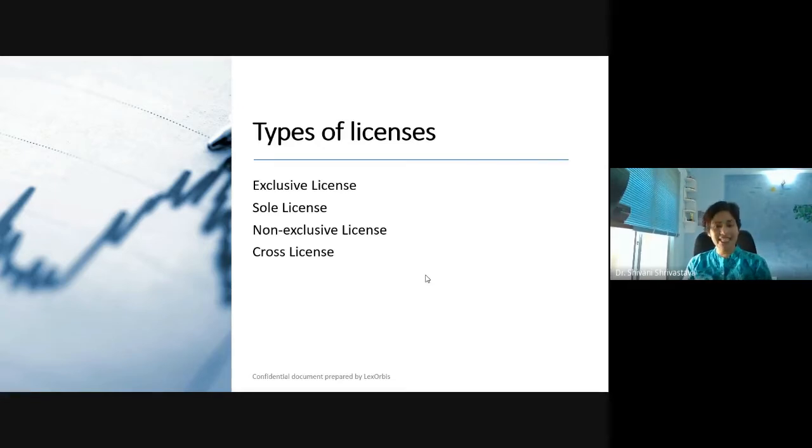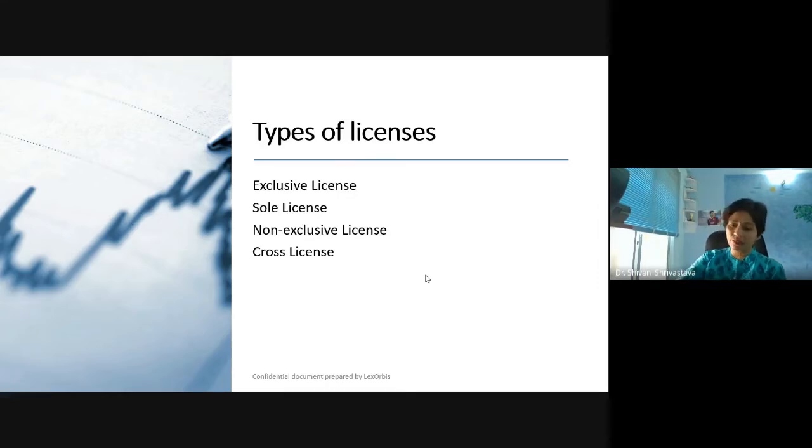So if we see this from the licensor's point of view, this license is not desirable, because the licensor is the person who always wants to use his own technology. That is why they may not prefer giving an exclusive license, and they don't want themselves to be restricted or lose the freedom to do the business with others.